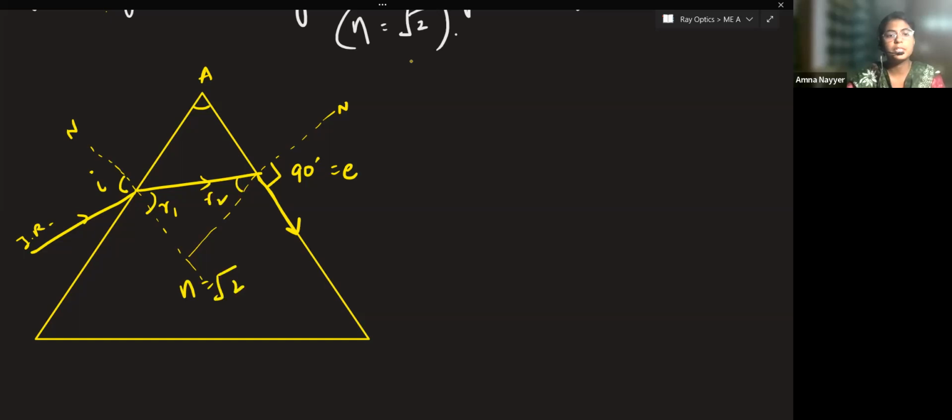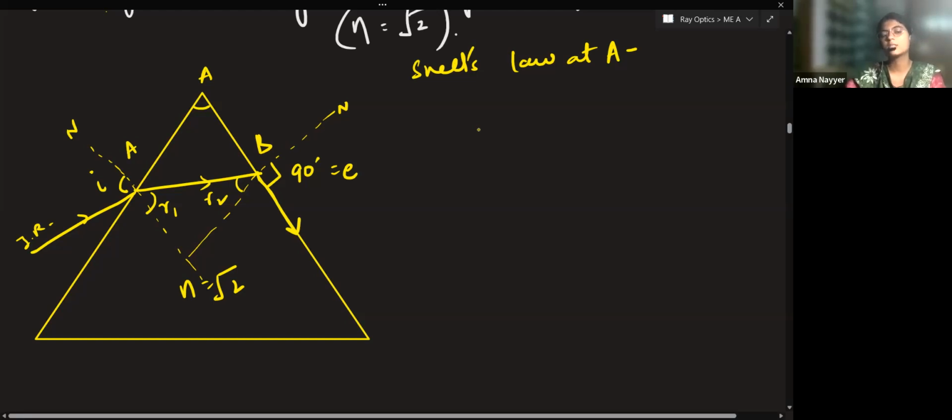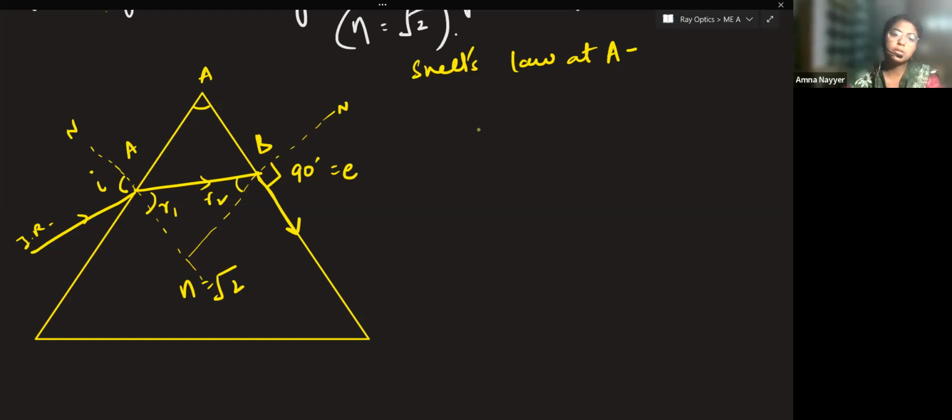Let's say this point is A, this point is B, because these two points are important for us. Now see, if you apply Snell's law at point A. Refractive index is given, angle of incidence is there, angle of refraction is there.